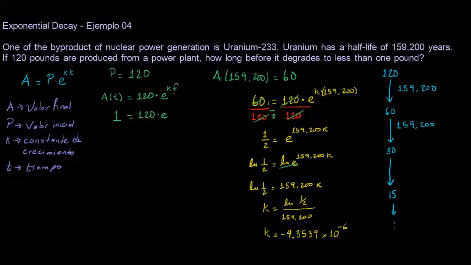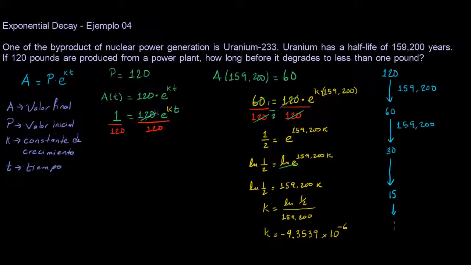I'm going to write k in yellow to show it's the one we already found, because I don't want to write this long number all along. So it will be k times t, and we have to solve for t. We are going to isolate this variable by dividing both sides by 120.